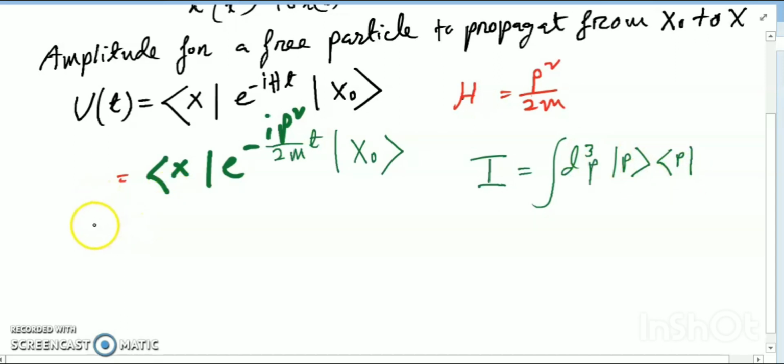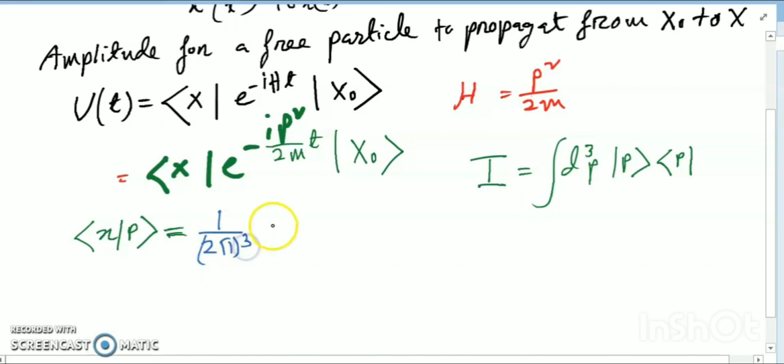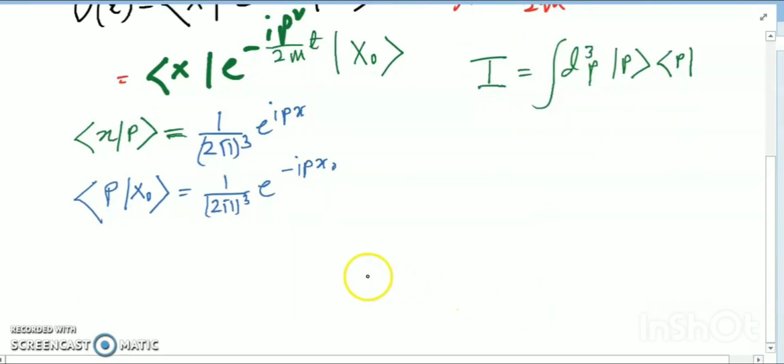Now the inner product <x|p> can be written as 1 by (2 pi) whole cube into e to the power i p x, and the inner product <p|x0> can be written as 1 by (2 pi) whole cube e to the power minus i p x0. So this is the simplifying factor.